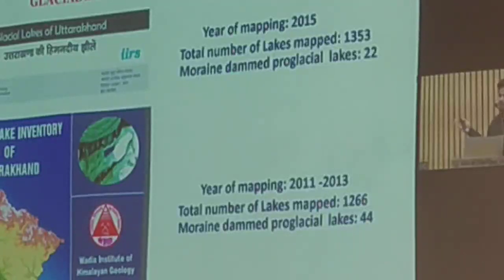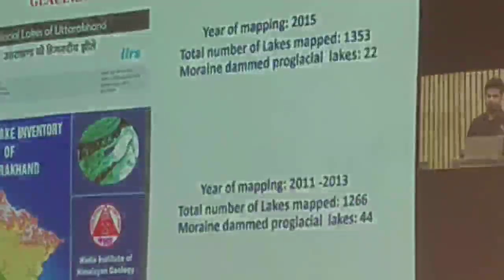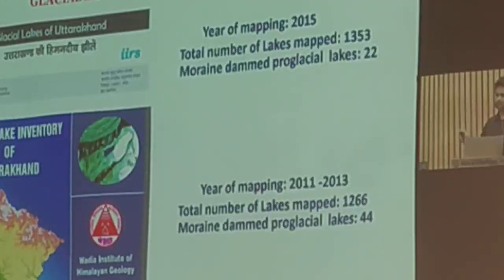So these are some of the data sets which have recently been available for the glacial lake inventory, one from ISRO and one from Wadia Institute of Himalayan Geology. So now we know that India, Uttarakhand has a lot of lakes in zone 5.